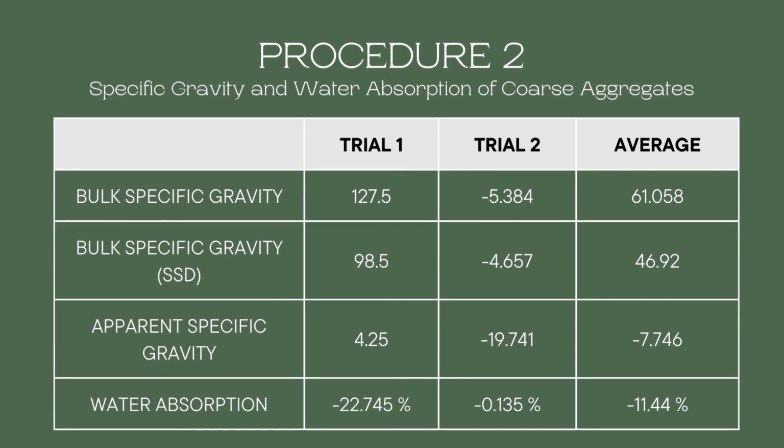SSD bulk specific gravity has an average value of 46.92 from its trial values, which are 98.5 and negative 4.657. 4.25 and negative 19.741 are the values of apparent specific gravity, which is an average of negative 7.746. A desirable positive water absorption does not hold for the average value calculated, which is negative 11.44%.